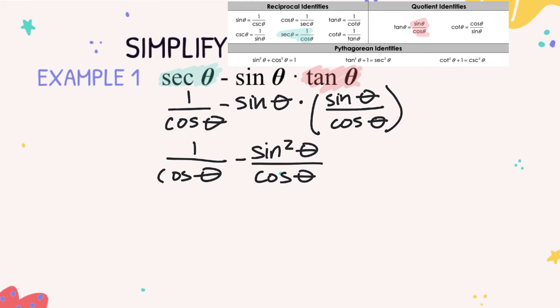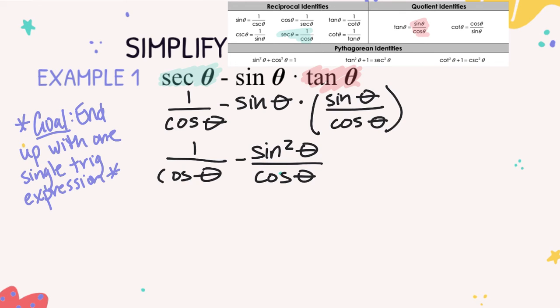I'm on my way to my goal, and remember the goal here is to end up with one single trig expression. And since I was able to combine these two items that are multiplied together into one, I'm working toward that goal.